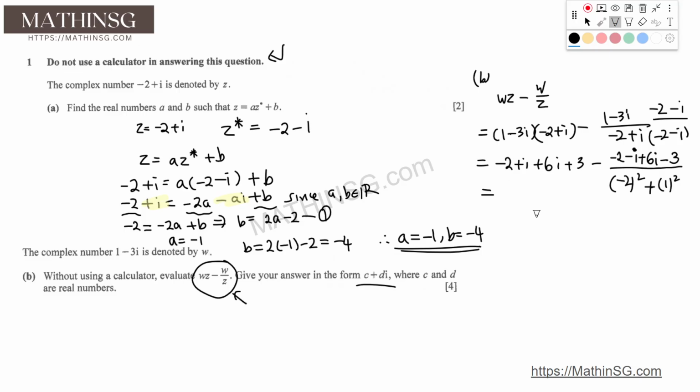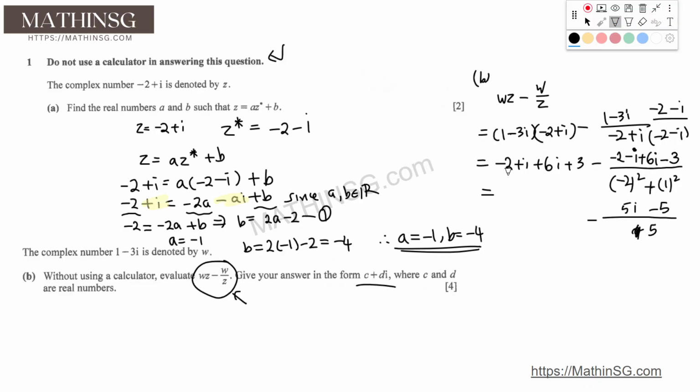Okay, so now that I'm done with that, let's continue. So I have this is 5, minus 5, 5i.